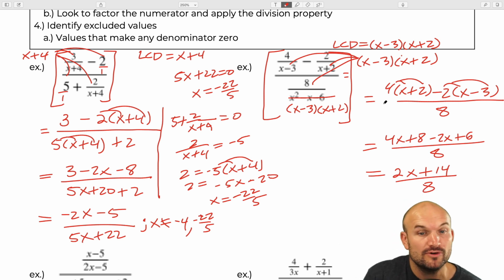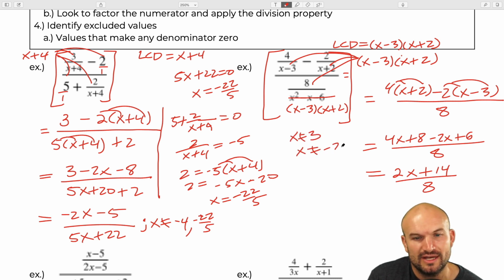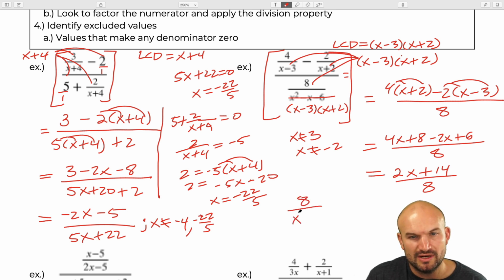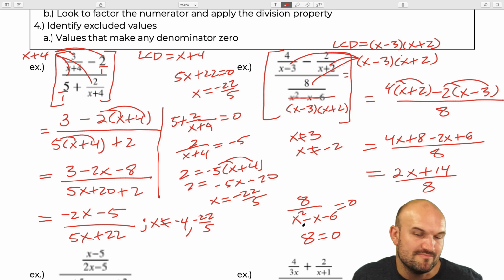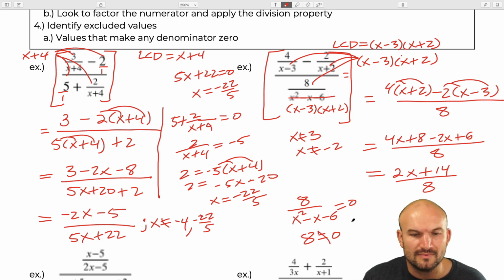But if we go back to my original expression, we know that x cannot equal 3 and x cannot equal negative 2. And if you set your original, the larger denominator equal to 0, you'd have 8x squared minus x minus 6 equals 0. So therefore 8 would equal 0. There's no other values that are going to make this equation equal to 0. So x cannot equal 0 when you multiply the x.